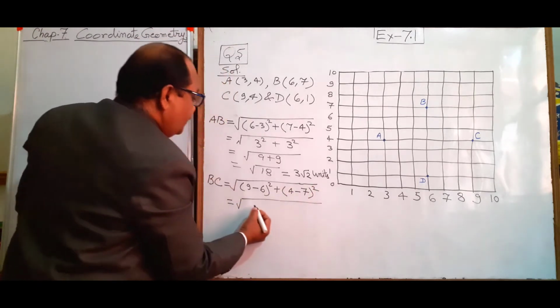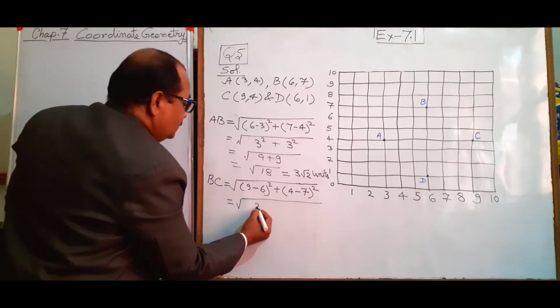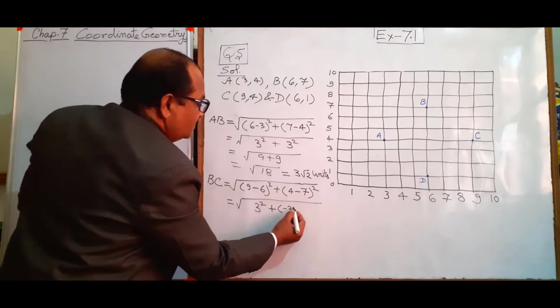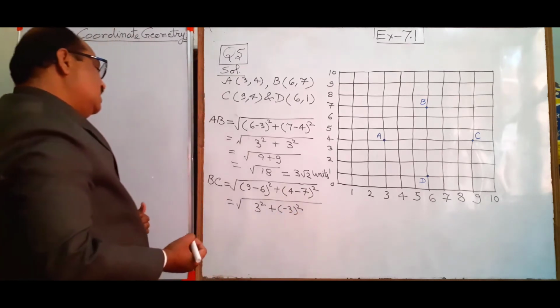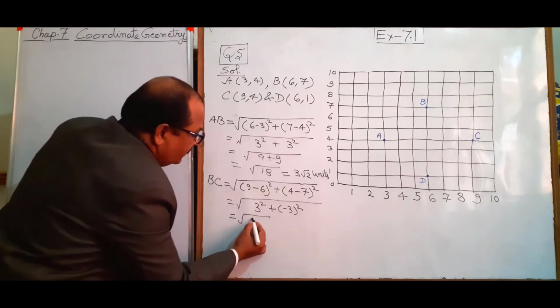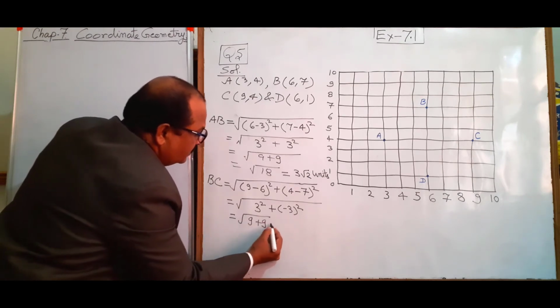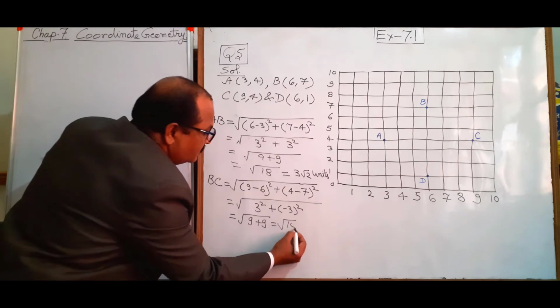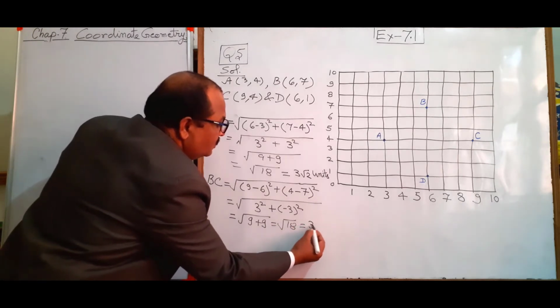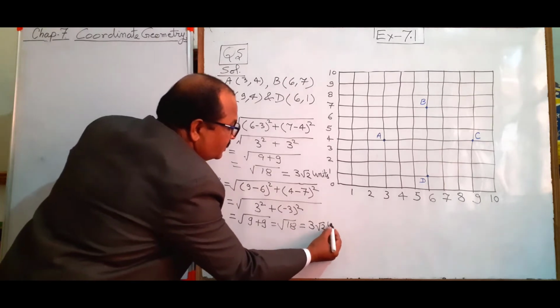After simplification, we can get 3 square plus (minus 3) square. Again you can see it is 9 plus 9, and its value is 3 root 2 units.